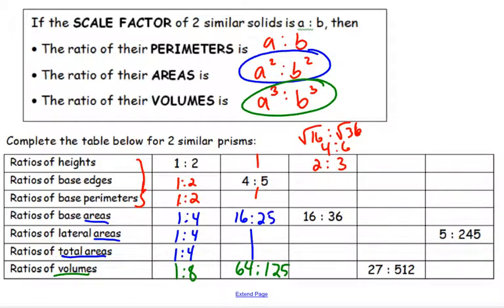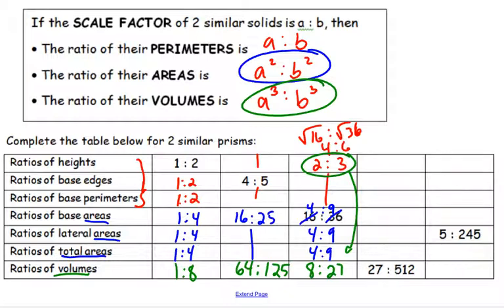That means that I could have, if I want, divided by 4 to get 4 to 9 as my reduced ratio for my areas. Good for the rest of the linear measurements, 2 to 3. And then my volumes, it's impossible to get from your areas to your volume. You got to go back to this, and now I'm going to cube it. 2 cubed is 8, 3 cubed, 27.